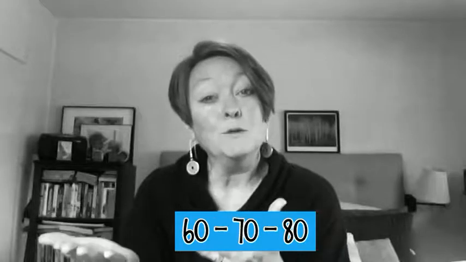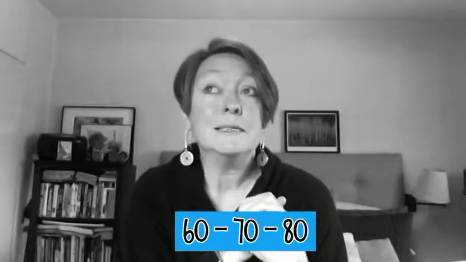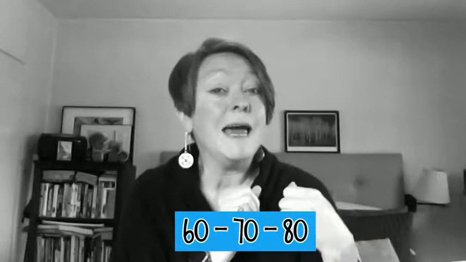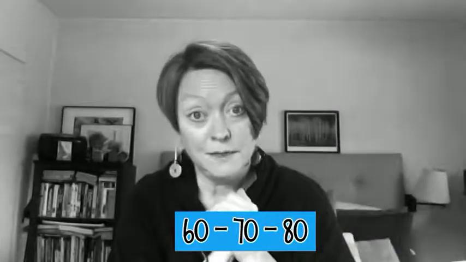Soixante-dix, 60, 10, okay? So the 70s are weird because they use soixante, but then they use the teens. So it's literally like you're saying 60, 10, 60 and 11, 60, 12, 60, 13, 60, 14, and so on, all right?